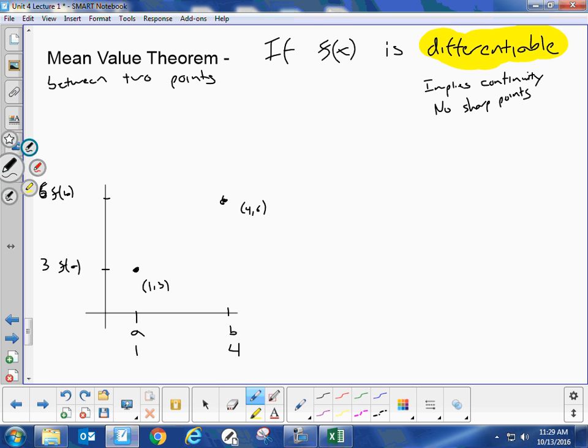We know that between these 2 points, we will be continuous and will be kind of smooth in the way we're curving.